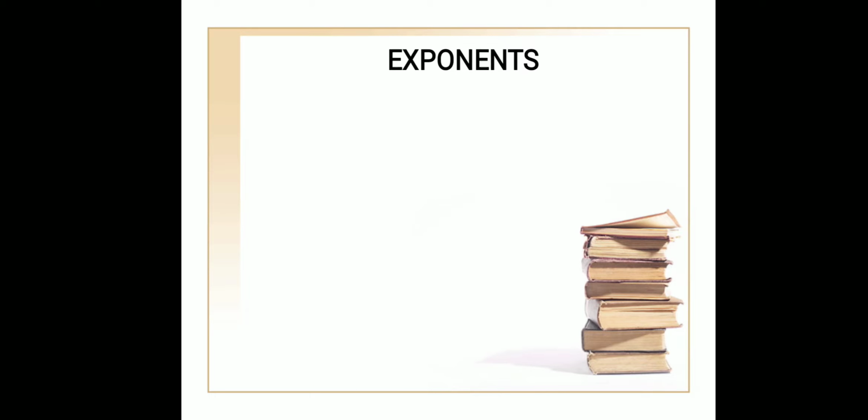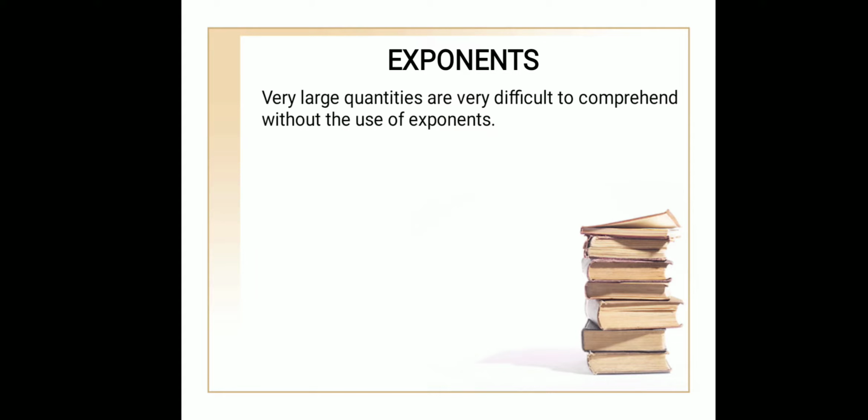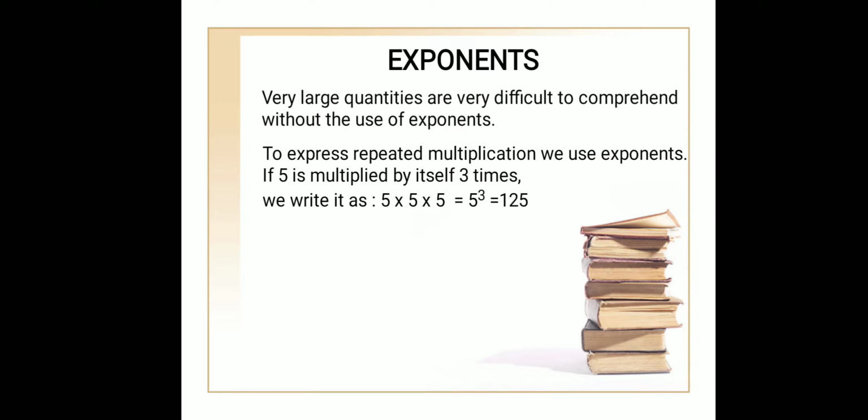Now, exponents. To express repeated multiplication, we use exponents. If 5 is multiplied by itself 3 times, we write it as 5 multiplied by 5 multiplied by 5, which is equal to 5 raised to the power 3. 5 into 5 is 25, and 25 times 5 is 125.